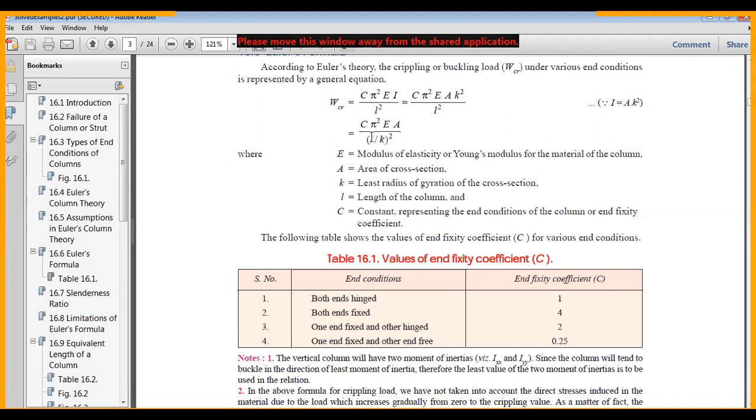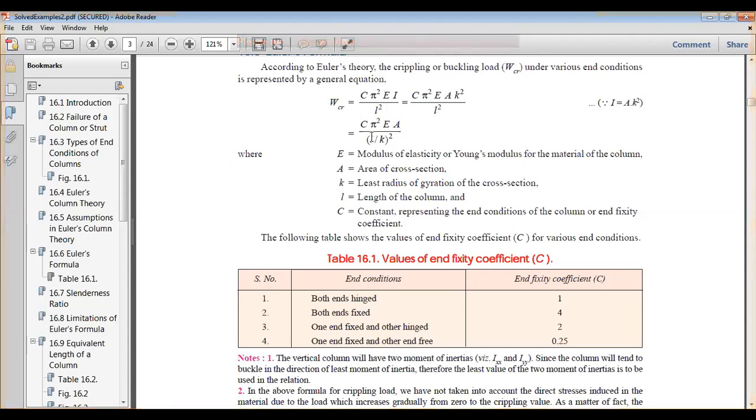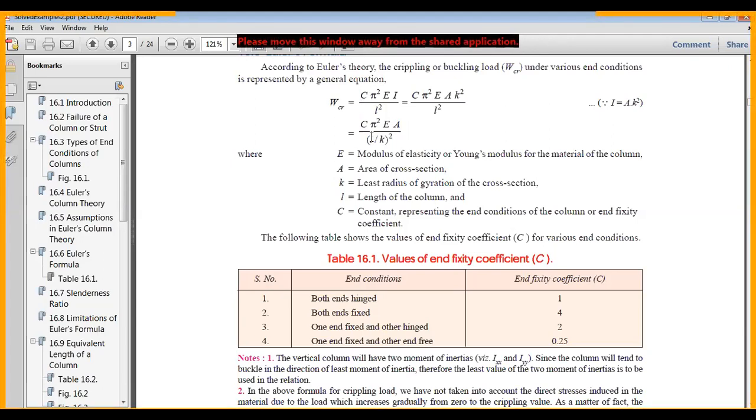So the chances are that the column will buckle down, and so the value of C is taken as 4 in case both ends are fixed. Also if one end is fixed and one end hinged, it will be taken as 2, or twice as great as both ends hinged, because when both ends are hinged, it has more flexibility and more degrees of freedom.